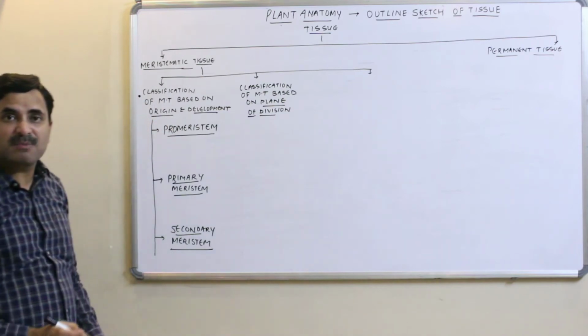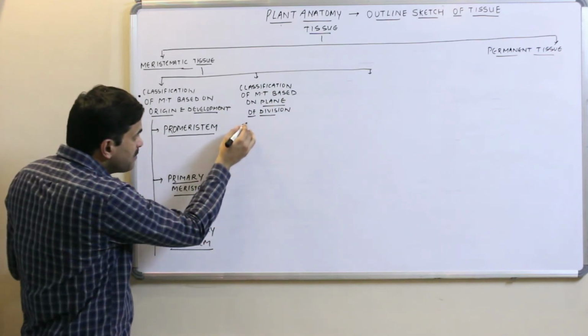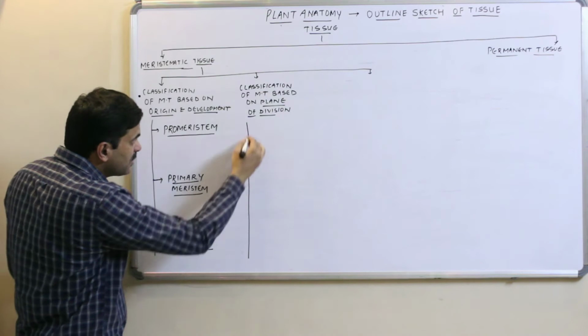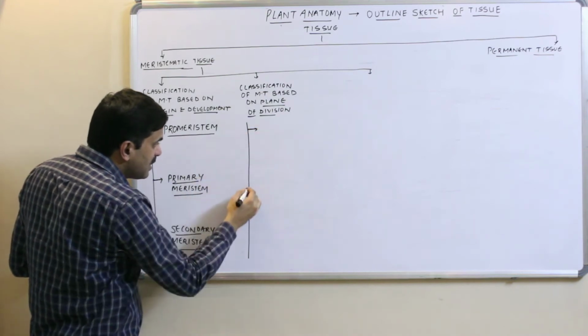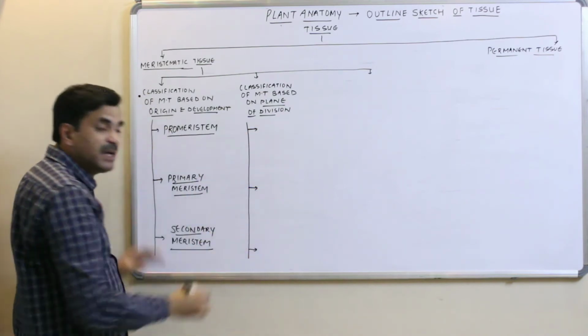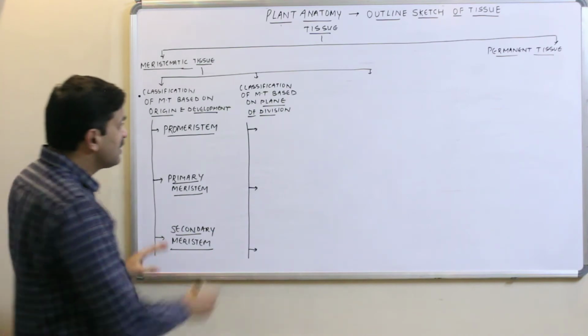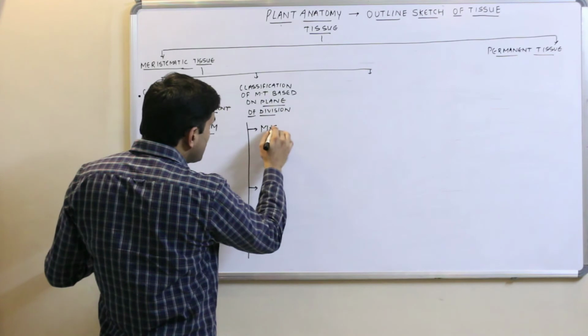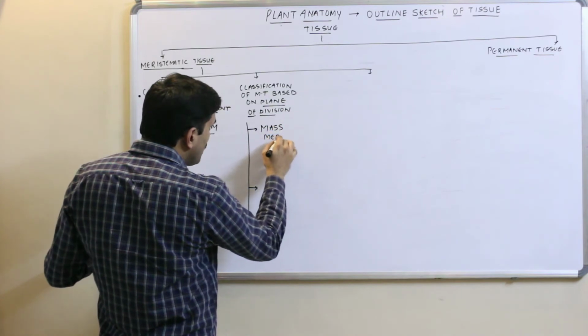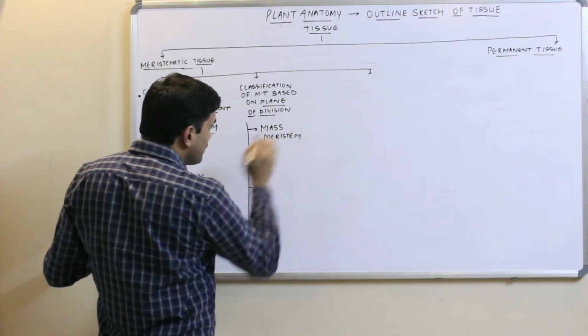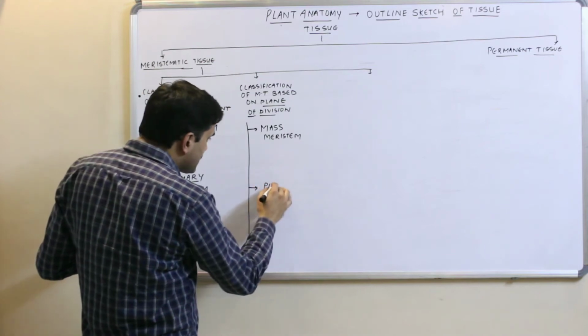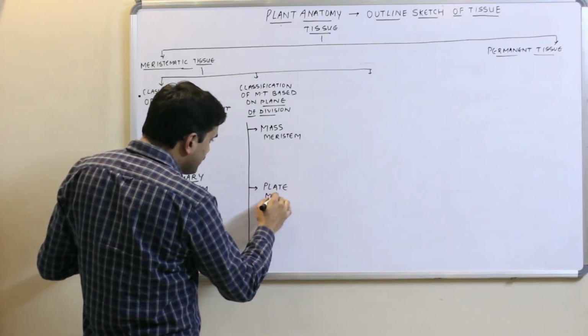On the basis of plane of division, again the meristematic tissue can be classified into three categories. Alright, one is known as the mass meristem, another is known as the plate meristem.